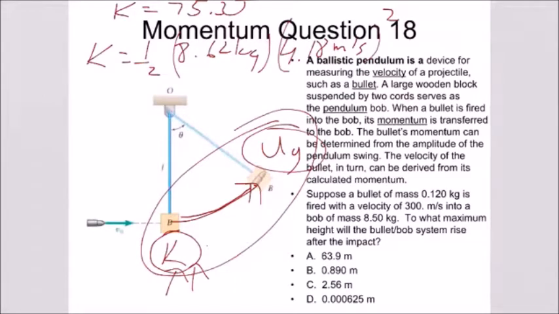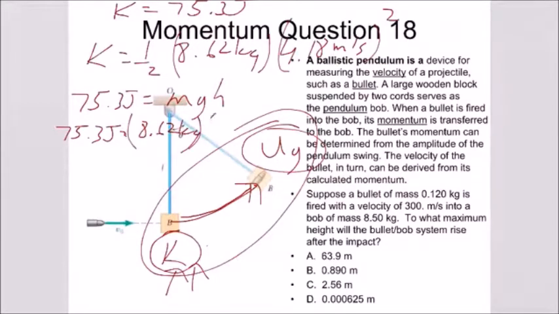So we're going to say that 75.3 joules is equal to mgh, the formula for gravitational potential energy. So that's going to be 75.3 equals the mass, so that's 8.62 kilograms, the mass of our whole system, times g, 9.8 or 9.81 meters per second squared, times h.